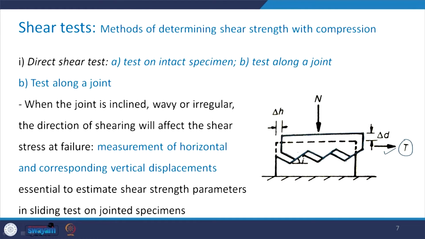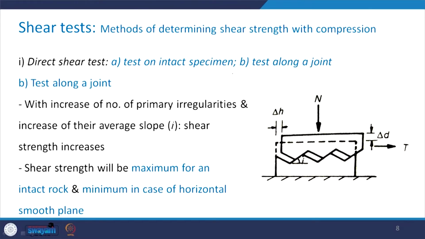If you compare the original position, the dotted line, to the new position, which is the solid line, you will see that this gives rise to horizontal as well as vertical displacement. Therefore, both horizontal and the corresponding vertical displacements are essential to estimate shear strength parameters in sliding when the test is conducted on a jointed specimen, because most of the time the joint surfaces are going to be wavy or irregular.